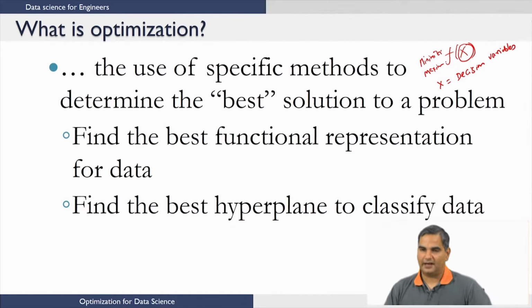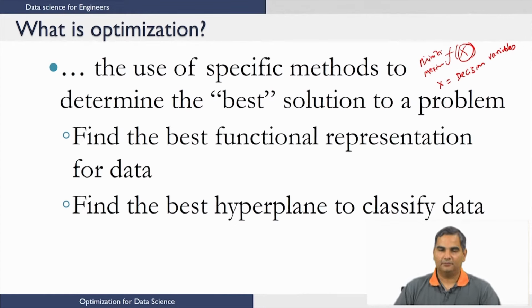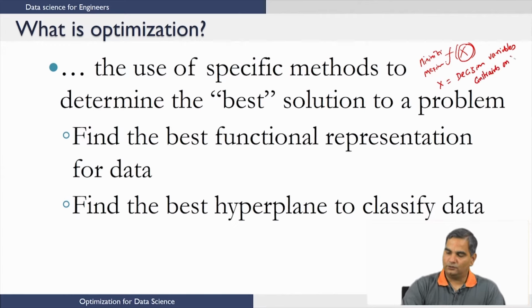And in the previous slide, we talked about these being in an allowed set. What that basically means is, while I have the ability to choose values for x so that this function f is either maximized or minimized, there would be some constraints on x which would force us to choose x in only certain regions or certain sets of values for this optimization problem.